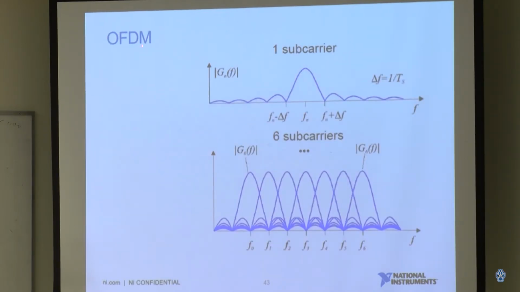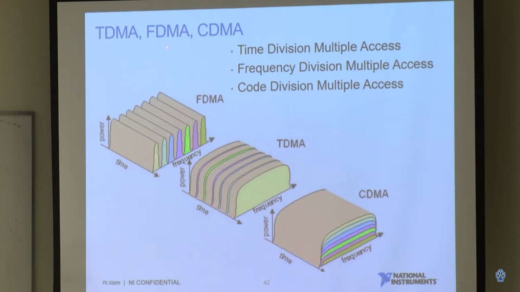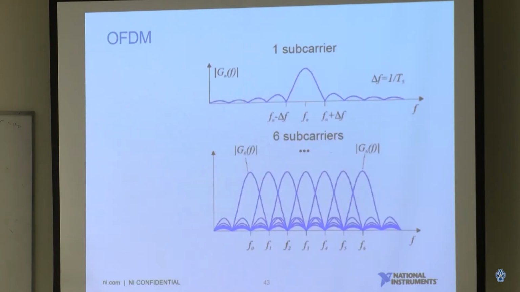The other term is called OFDM. Remember going back, FDMA is frequency division multiple access, right? OFDM is called orthogonal frequency division multiplexing. It's also used in cell phones the most, and it has benefits. Remember, different modulation schemes have different benefits. With OFDM you can send multiple carrier signals, put each signal at a particular frequency, and let each start at the particular frequency next to the next carrier.